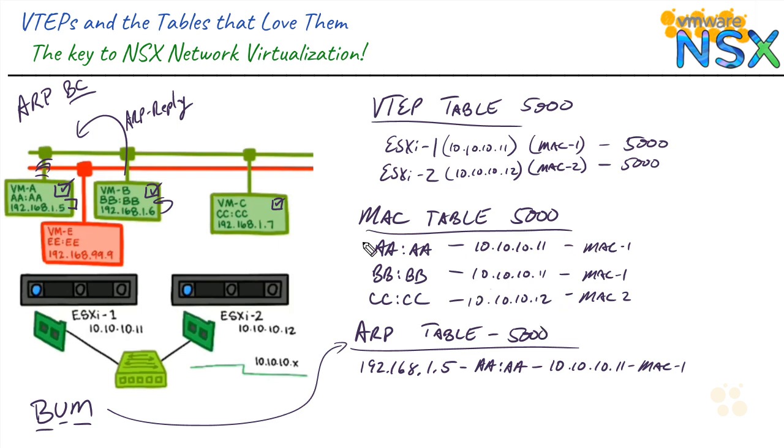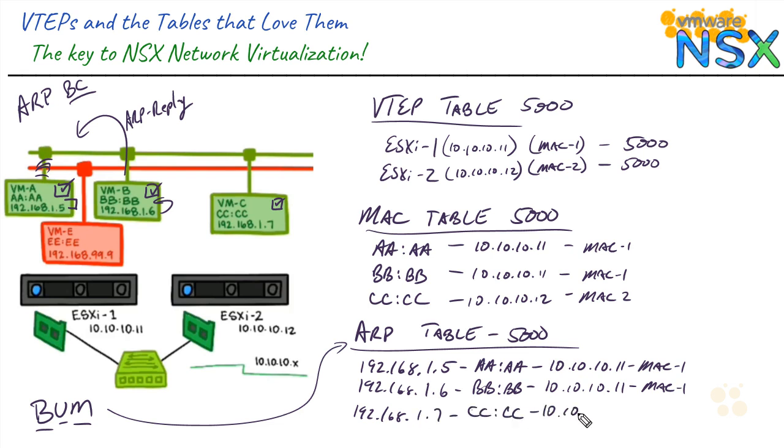In the process of that reply, the logical switch will also learn that 192.168.1.6 is hosted on the MAC address that ends in BBBB, and that will be added to the ARP table as well. Soon we'll also learn about the identity of other devices on the network, because as we said, ARPing happens early and often.